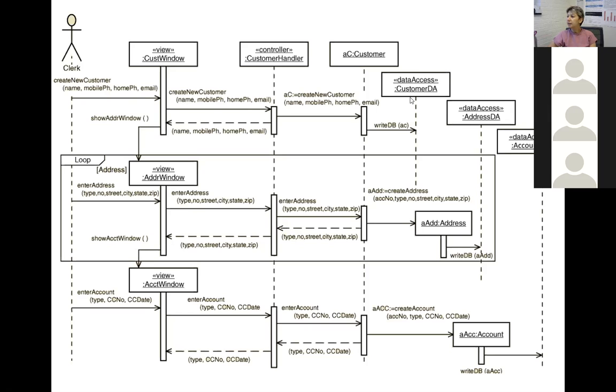Right underneath AC customer? Yeah, right there. So what are you asking the data access layer object to do here? What's the method you're calling? Write DB, a customer. Exactly. When your object is ready, you have all the information, you ask the data access layer object to write it. Where is the data access layer object for address?